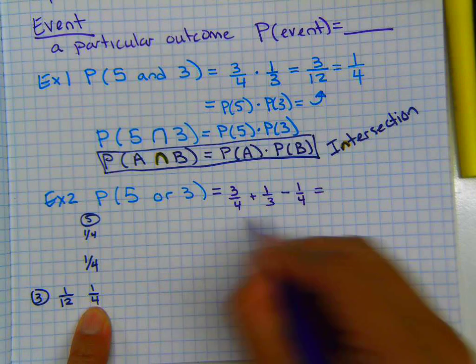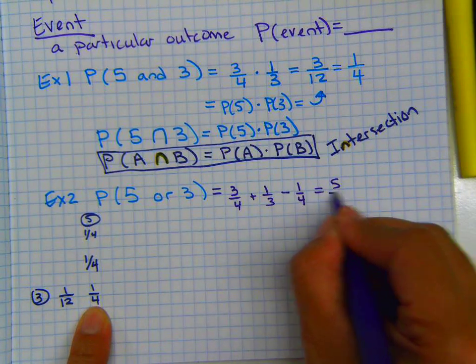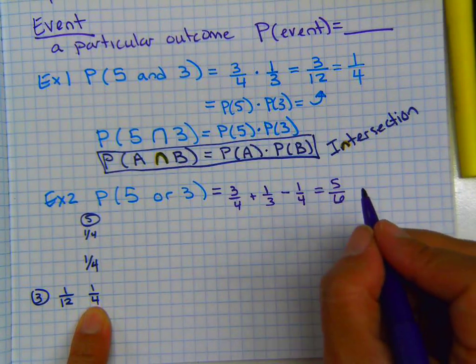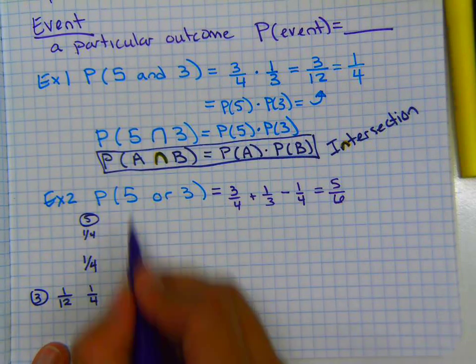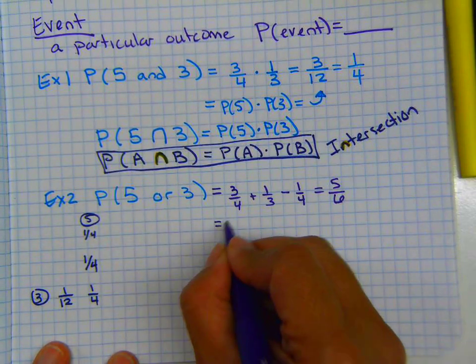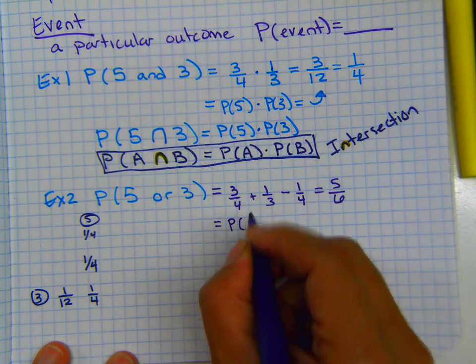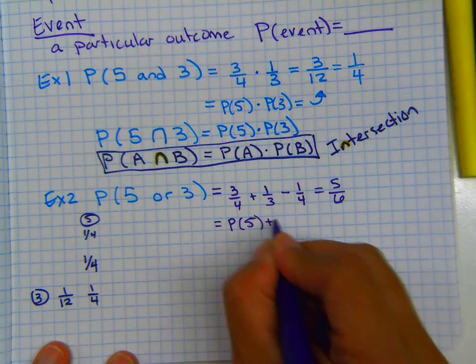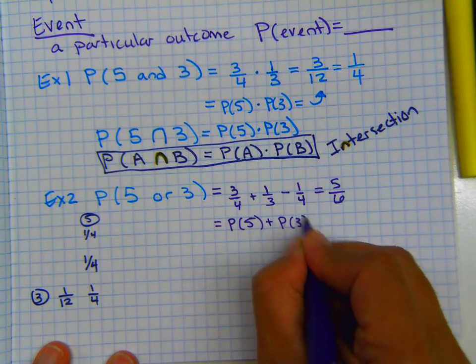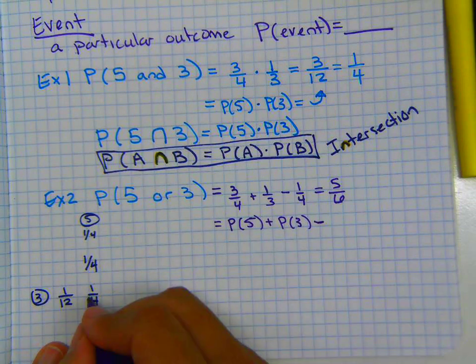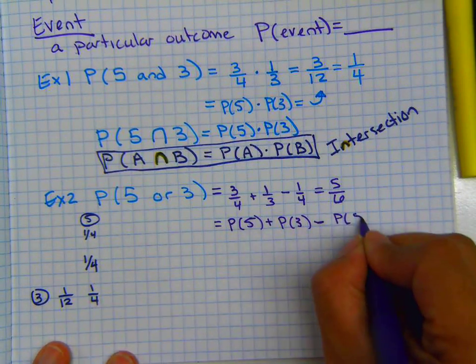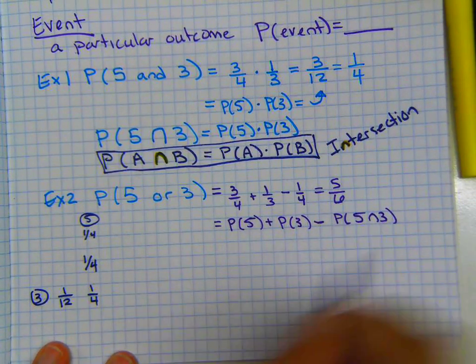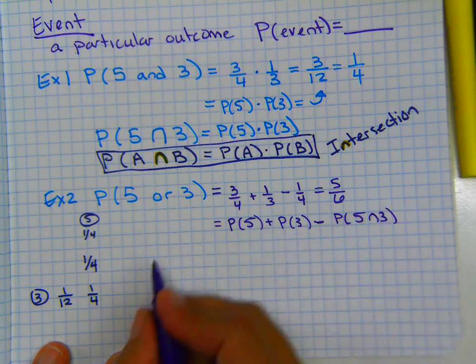If I stick that all in my calculator, that comes out to be 5/6. So breaking it down like I did up there, I took the probability of getting a 5 plus the probability of getting a 3 minus the overlapping section, the probability of a 5 and a 3, and I get my answer.